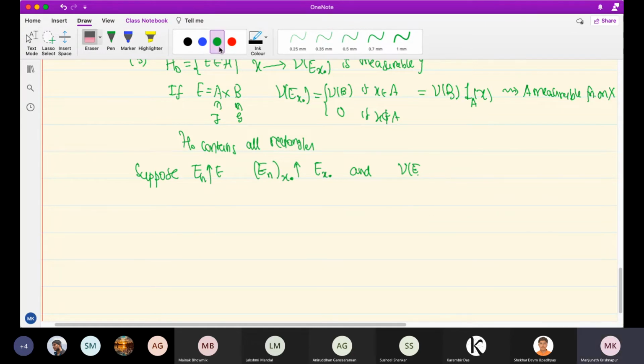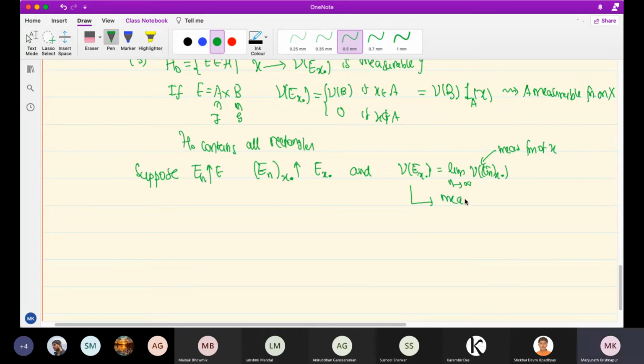Yeah, nu of Ex dot, sorry, is the limit of nu of En x dot. So it's a limit of, these are measurable. Hence, this is a limit.